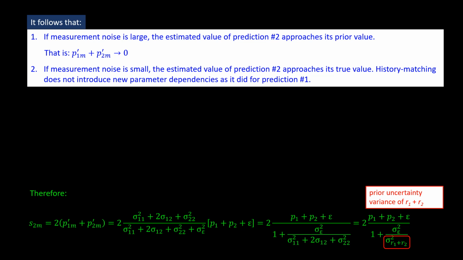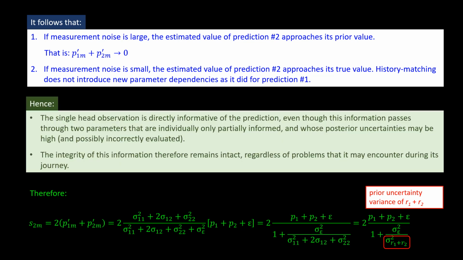But secondly, it tells us that if measurement noise is small, the estimated value of prediction number 2 approaches its true value. History matching does not introduce new parameter dependencies for the prediction as it did for prediction number 1. So prediction number 2 is very different from prediction number 1.